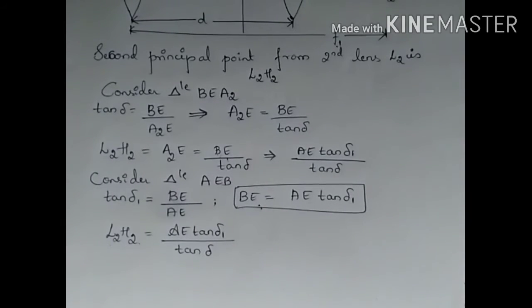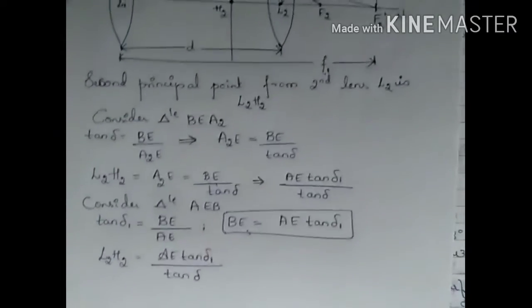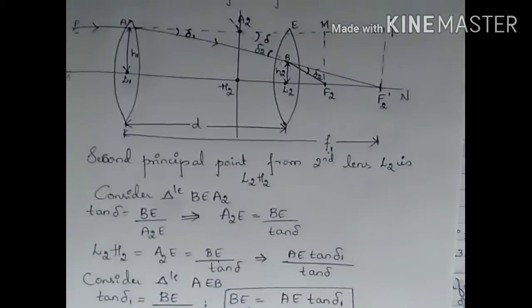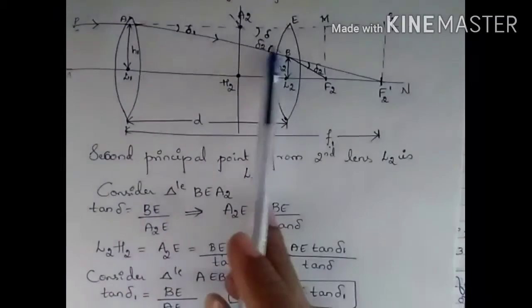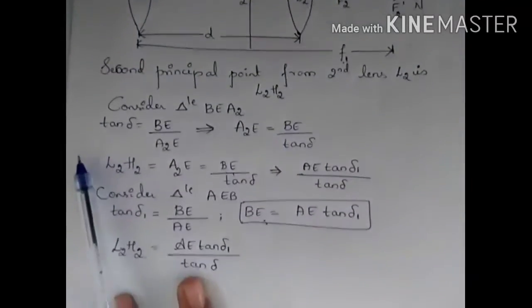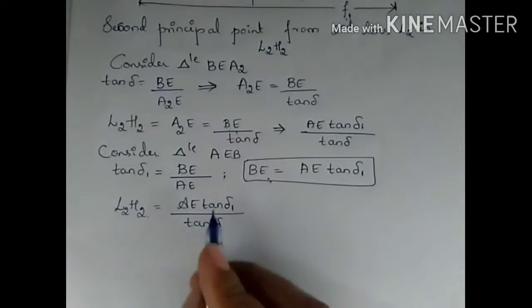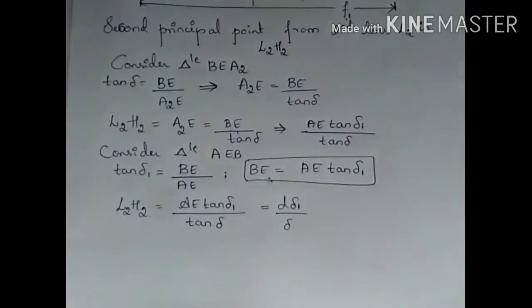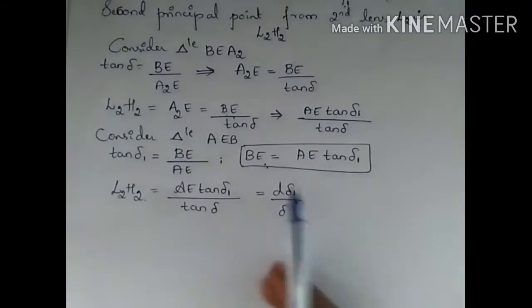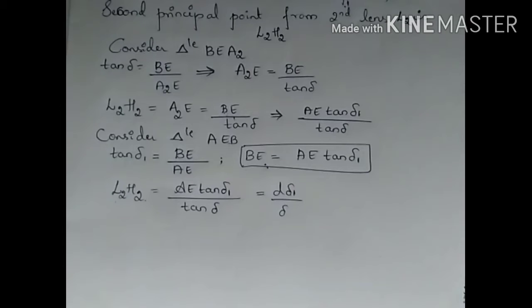Now from the diagram, if you observe, delta 1 and delta 2 are very small in comparison to delta. So I can write this equation as d delta 1 divided by delta. Why delta 1? Because the angles delta 1 and delta 2 are very small in comparison to delta.